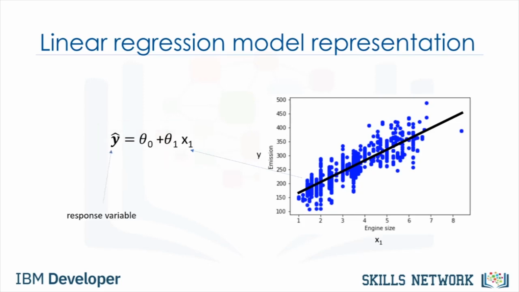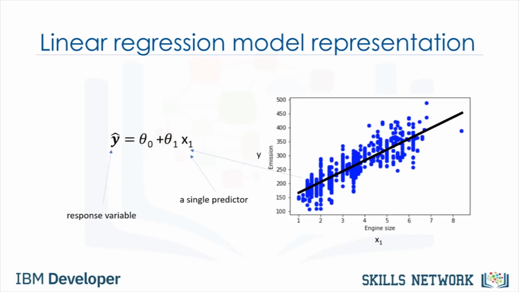In this equation, y hat is the dependent variable or the predicted value, and x1 is the independent variable. Theta 0 and theta 1 are the parameters of the line that we must adjust. Theta 1 is known as the slope or gradient of the fitting line, and theta 0 is known as the intercept.